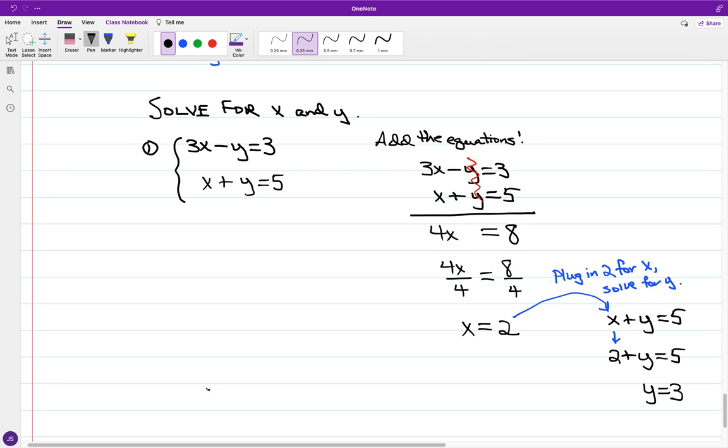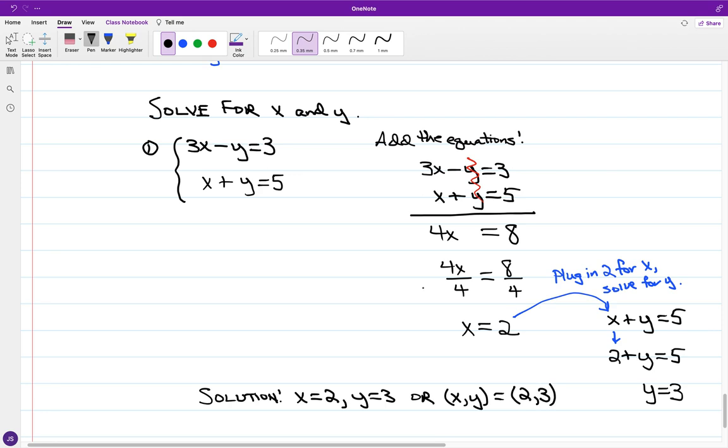So in the case of the solution, if I draw it out distinctly, you have x equal to 2, y is equal to 3, and as an ordered pair, the solution point is going to be at (2, 3).